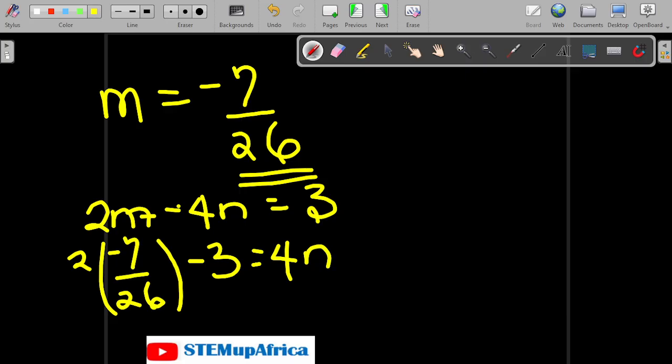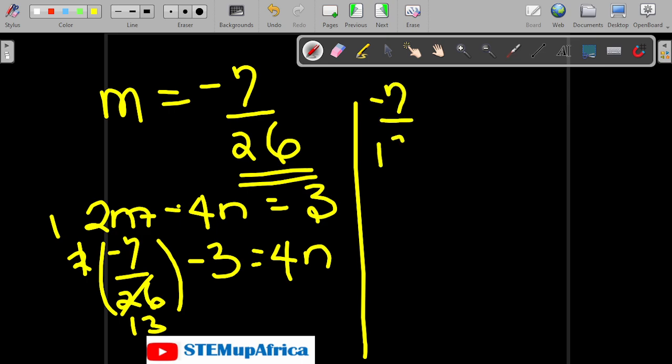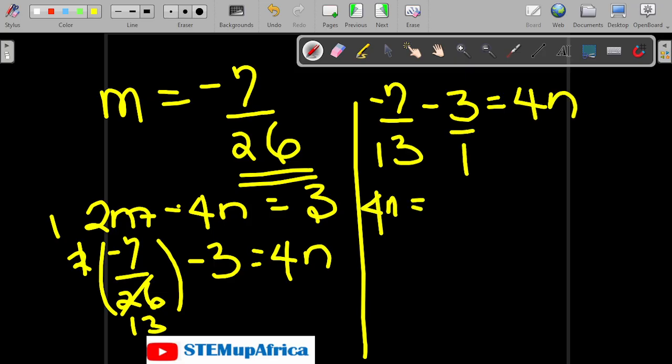Let's just collect terms directly. So 2 here, 2 here is 13. So I'm going to have minus 7 over 13 minus 3 is equal to 4n. If I take the LCM, I'm having 4n is equal to minus 7 minus 39 over 13. So 4n will give us what?